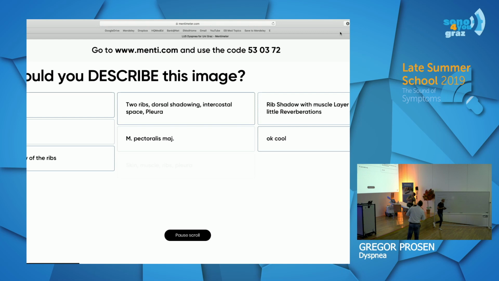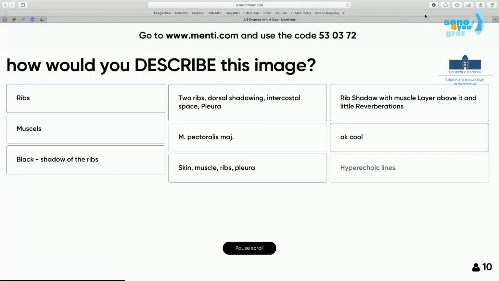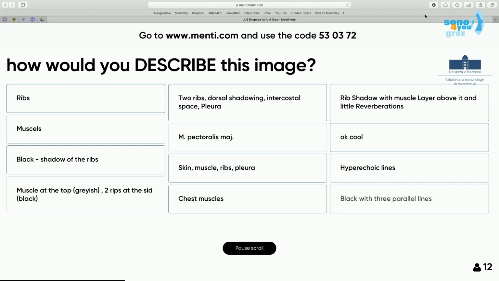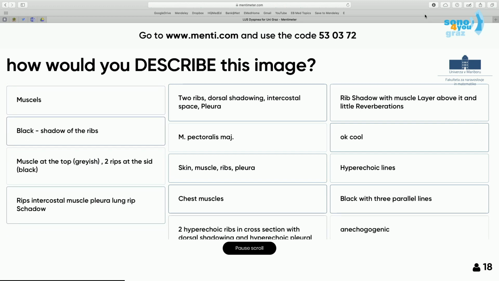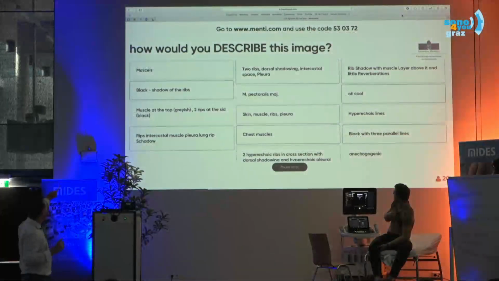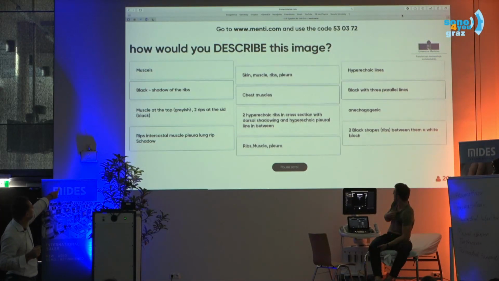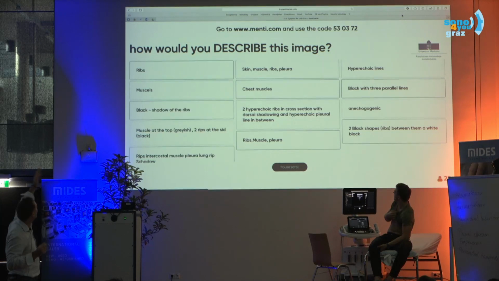Ribs, muscles, musculus pectoralis major. Very good. Hyperechoic lines, black with 3 parallel lines, very good. Muscle at the top, grayish, that's what I like. 2 ribs at the side, black shadow of the ribs, good.